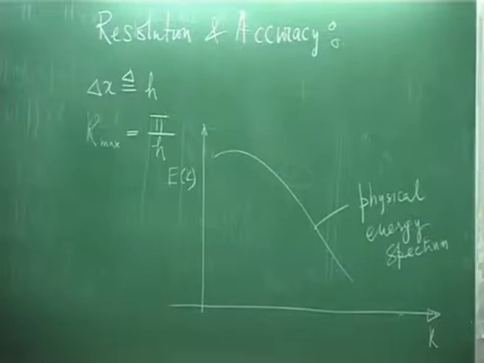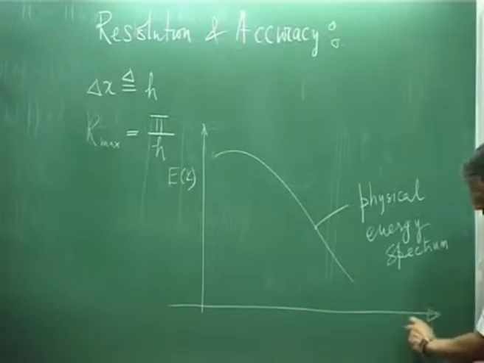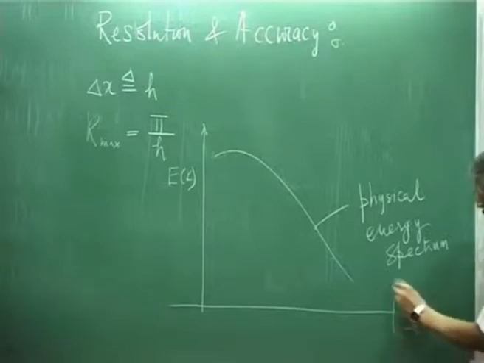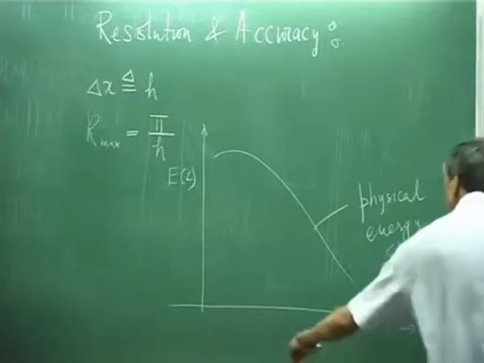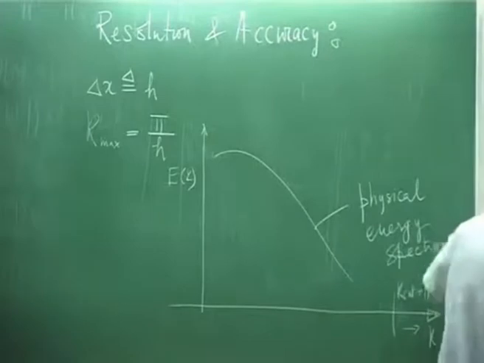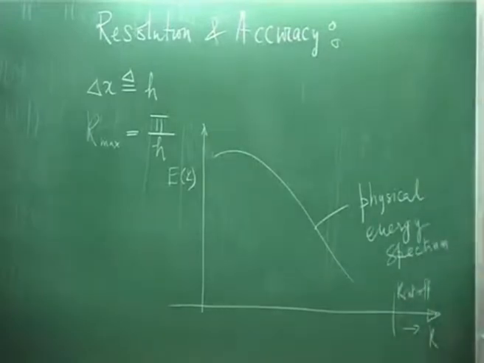So, how would you choose your K max? Your K max must be greater than this value, the cutoff value. So, this is your physical cutoff value. So, your K max must be greater than this. However, do you think that itself would be adequate?